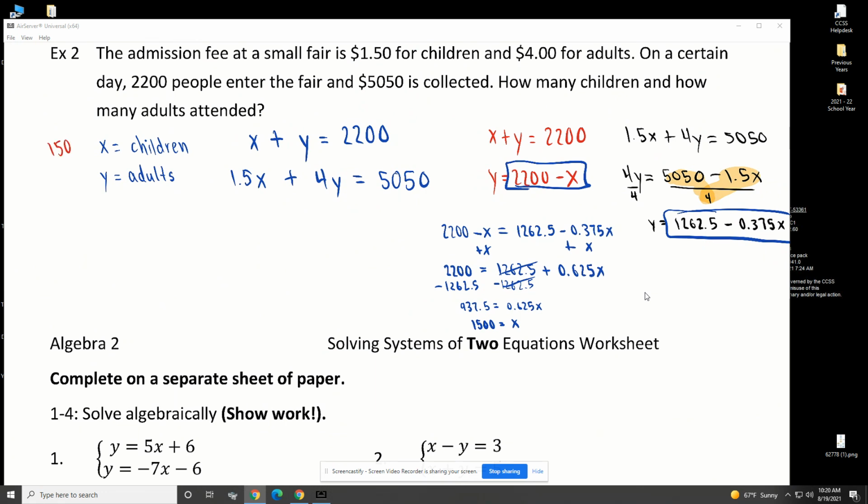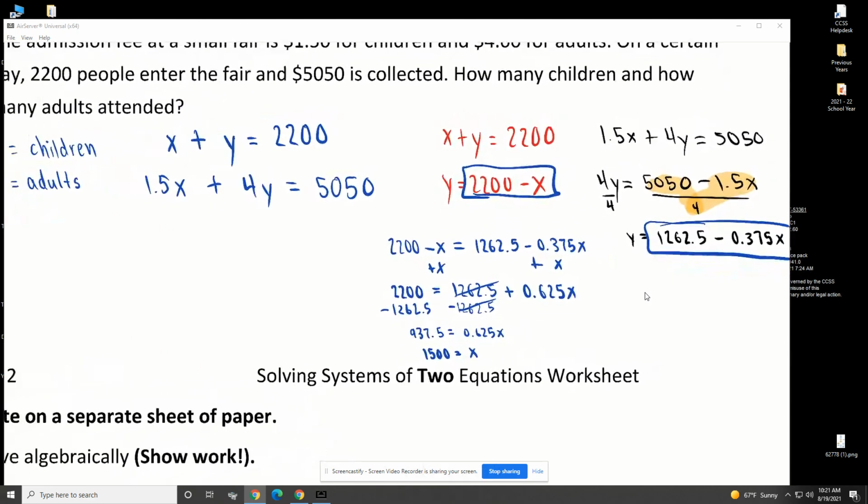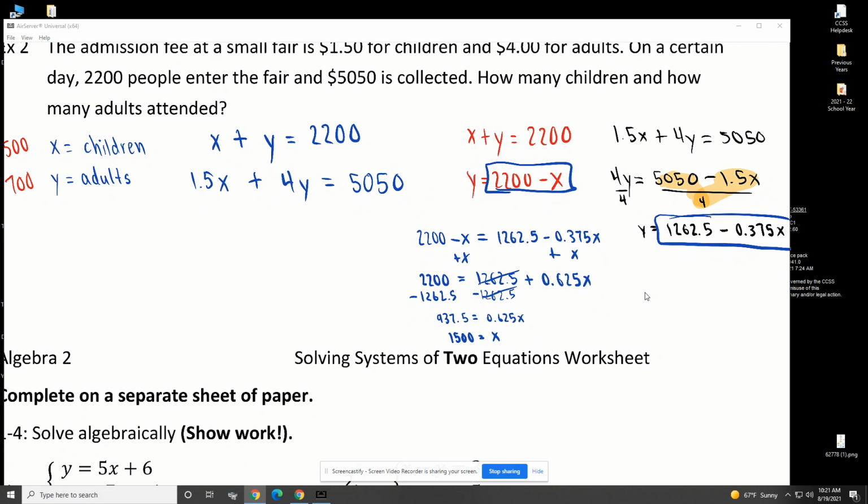So how can I figure out how many adults there were? Subtract it from 2,200. Remember there were 2,200 total, right? So there's 700 adults. So 1,500 kids, 700 adults. And that is how you do a system of equations word problem. Again, pretty challenging, but you guys can do this, okay?